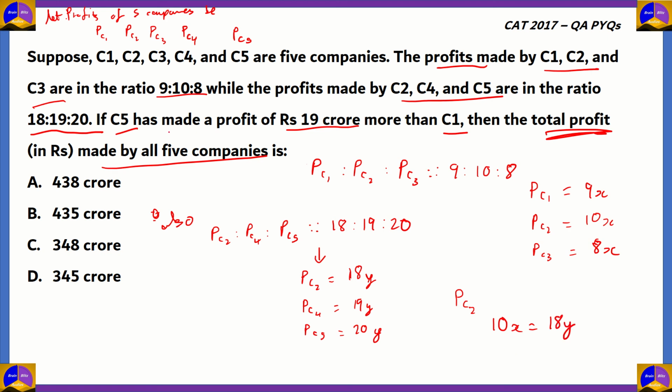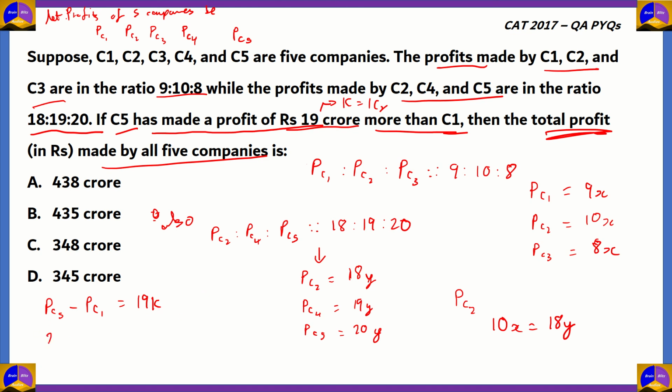Now, we also know that C5 has made a profit of 19 crores more than C1. Okay, so that's P of C5 minus P of C1 equals 19 crores. Now we're going to also consider K equals 1 crore. So we can represent it as 19 times K. Now K here is a non-zero constant that we know. We're not going to treat it as a variable.